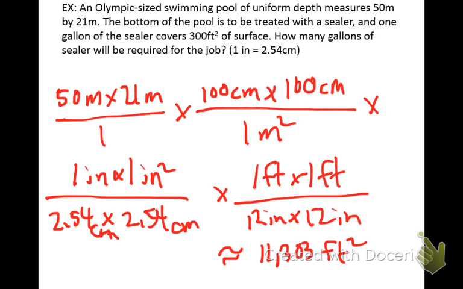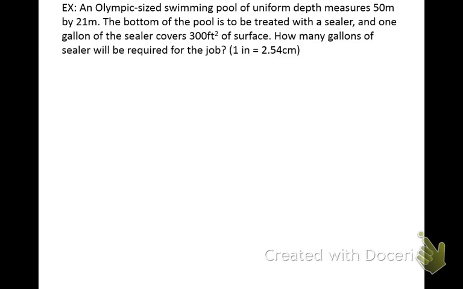All right, so we've got the 11,000 some odd feet there. Now we have to figure out how many gallons I need. So what are we going to do with 11,303 feet squared? What do I do next? Okay. Divide by 300 feet squared.